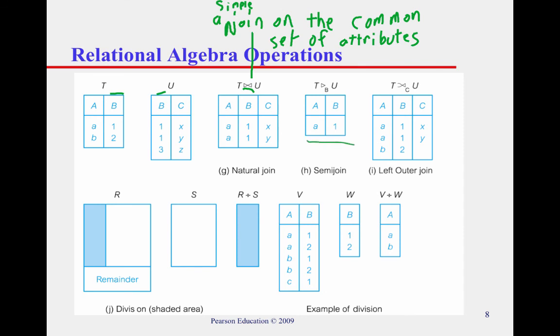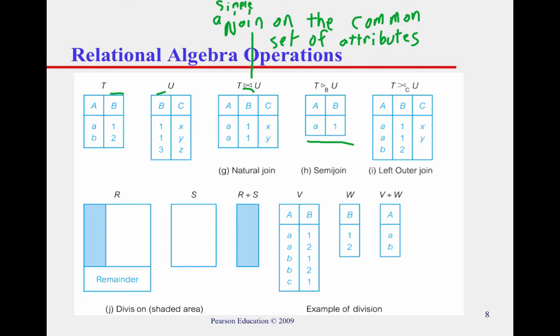Okay. This is called a semi-join because it only includes the tuples from one of the two relations. So it's as though you joined two relations but kept only the column names from one of the two.